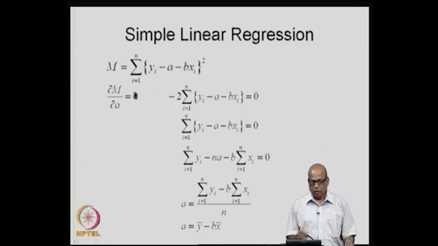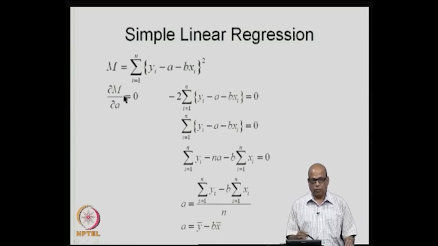So, we take the differential with respect to a and b both, and simplify that. We first get a equal to y bar minus b x bar, from the sigma y_i term and sigma x_i term divided by n.